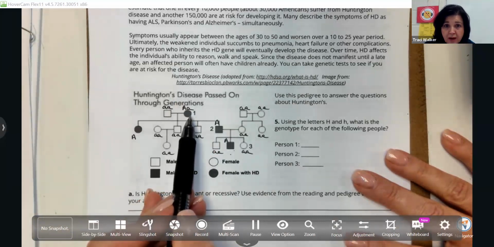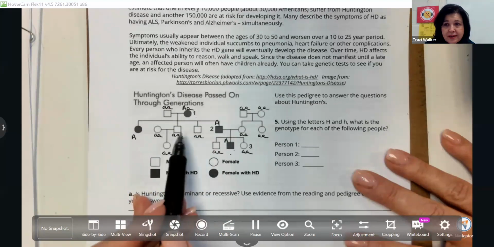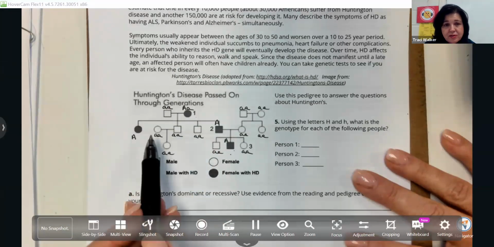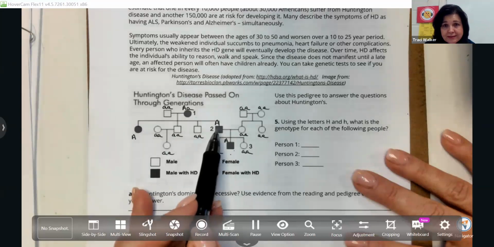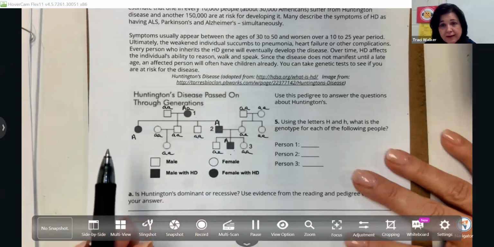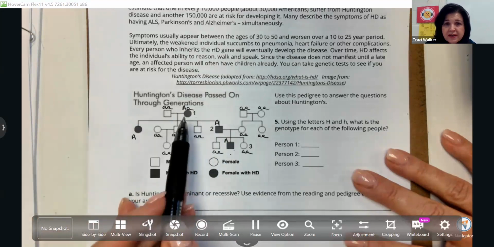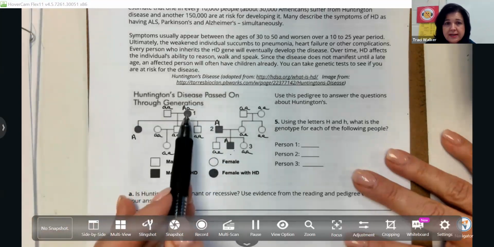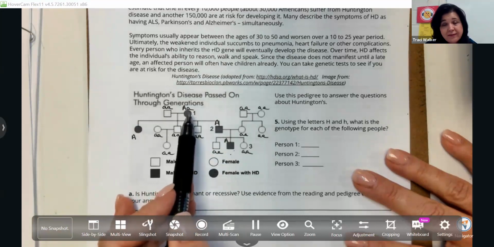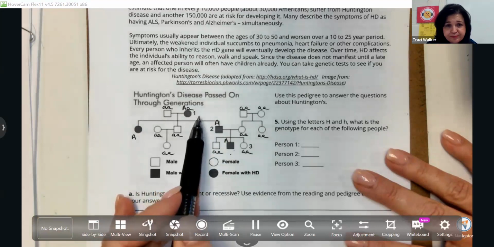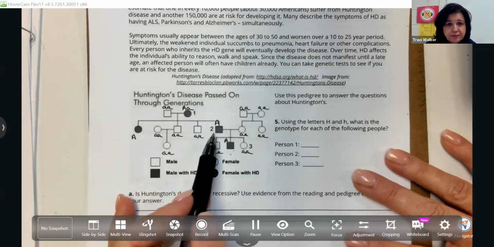The mama does have Huntington's disease, but 2 of her children did have it, and 2 of her children did not. So it's a 50-50 situation here. That's why you would want to do a pedigree to see if you were heterozygous, because then you have a 50-50 chance of having a healthy child.